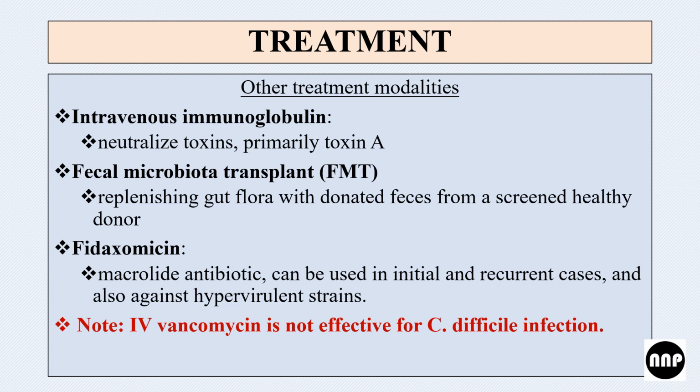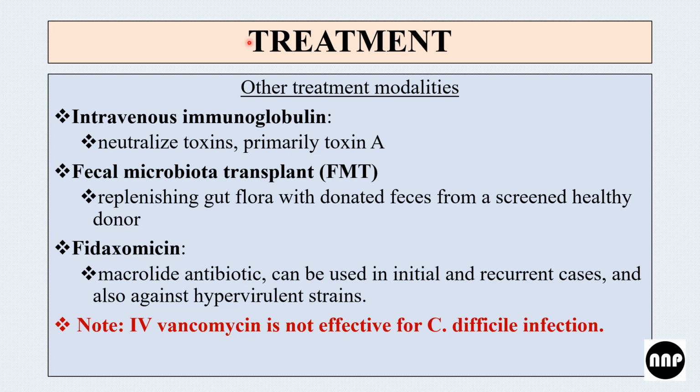Other treatment modalities are IV immunoglobulin. That means passively we are providing the antibodies to neutralize the toxins produced by C. difficile, and primarily toxin A is neutralized. Then there is something called fecal microbiota transplant, FMT. What is it?